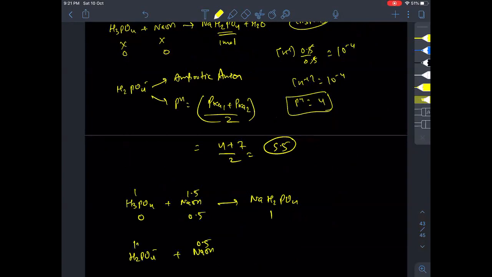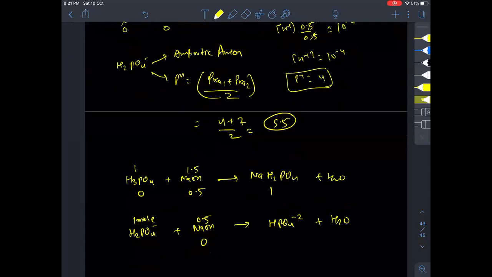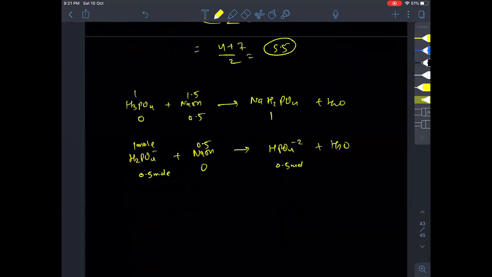It is formed as 1 mole. Now it will further convert, another mole of H plus will be removed. You will get HPO4 minus 2 and H2O. Again it will be 0. It will be 0.5 mole and it will be 0.5 mole. Now in the solution, what do you have? H2PO4 minus and HPO4 minus 2. Both have 0.5 and 0.5 mole.